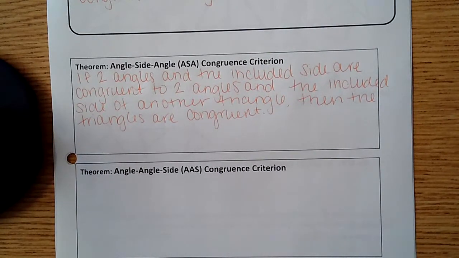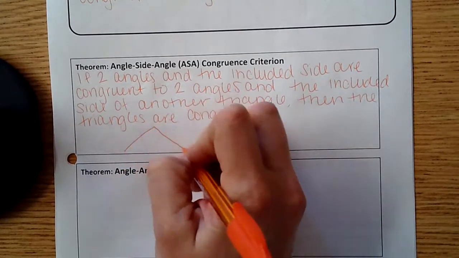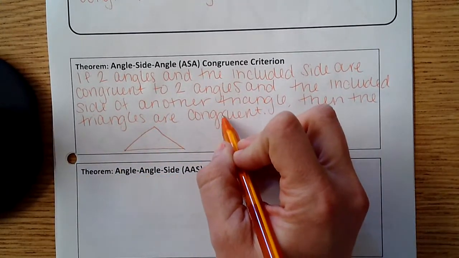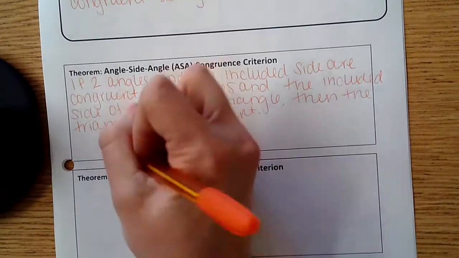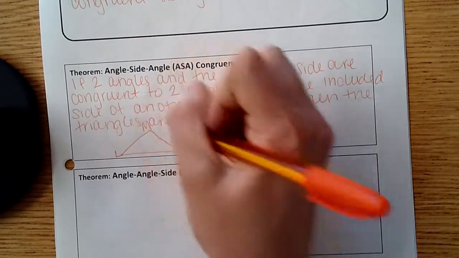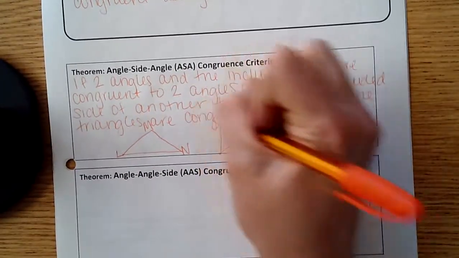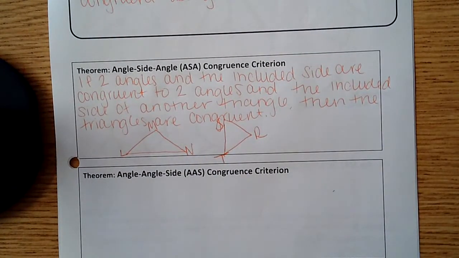All right. So here's what this looks like. If I have a triangle here and a triangle here, this one we'll call LMN, and this one we'll call SRT. We'll have two angles of one triangle.